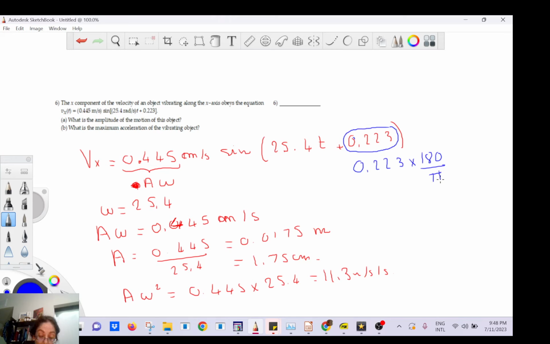So 0.223 times 180 divided by pi. That angle here is 12.8 degrees, right? So that angle here. So it's somewhere there. Okay.